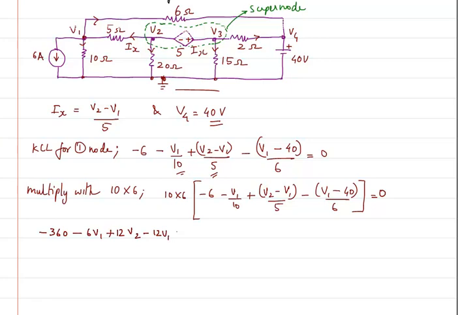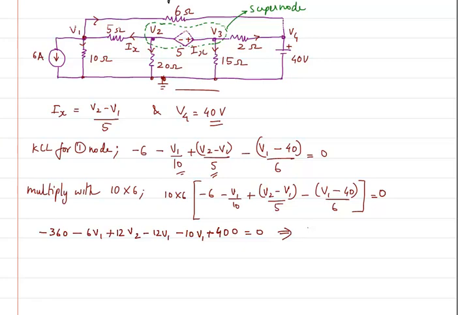Again the denominator is gone, minus 10 into 6, 6 and 6 will cancel off, so I will get minus 10 V1, minus and minus will become plus 40, so plus 40 into 10 will give me 400, and that is equal to 0. Therefore, from which I will get the equation.